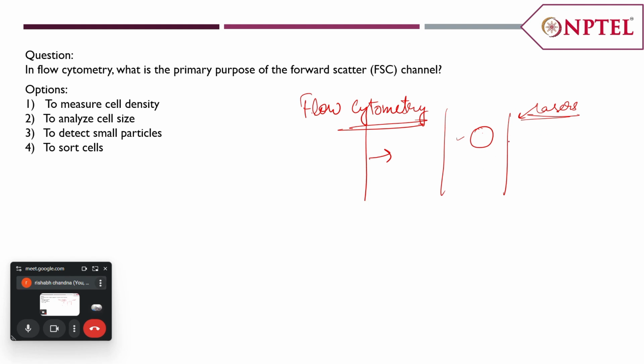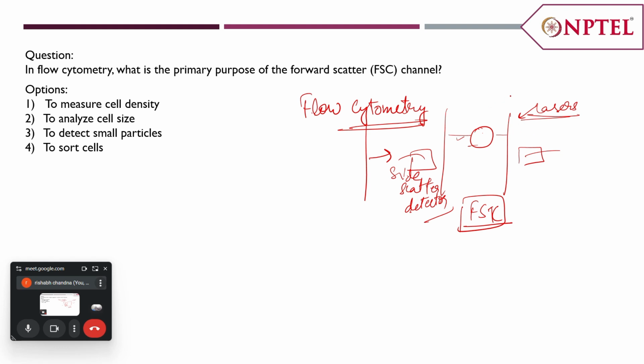And here are the detectors that are applied. There can be a detector here, and a detector here. The detectors on the sides are called side scatters, and they detect the scattering of light through the sides of the cell. And here is the forward scatter detector.